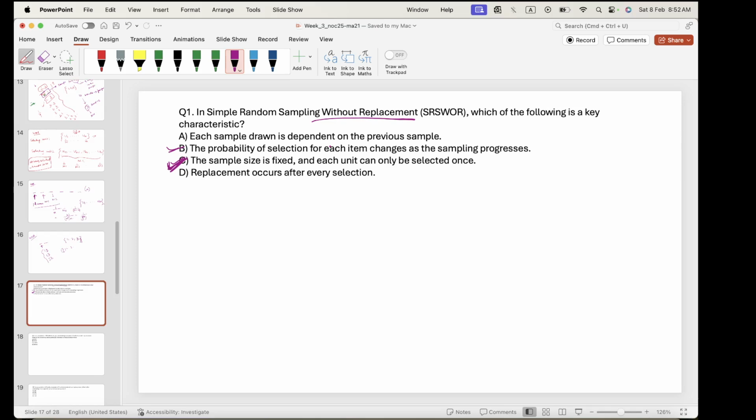That is 1 by 20. That remains the same. But if you have questions framed in this manner, where you need to think about when this sample is getting selected, at that point the probability is going to change.